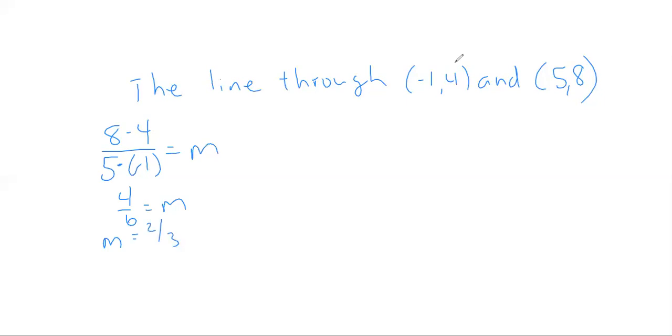So now I move over. We're going to change colors again. And we're going to say, okay, now that I know that, I can use this point here and go (8 minus y) over (5 minus x) is equal to 2/3. So now I can say, okay, multiply both sides by that. 8 minus y is equal to 2/3 times 5 minus x.